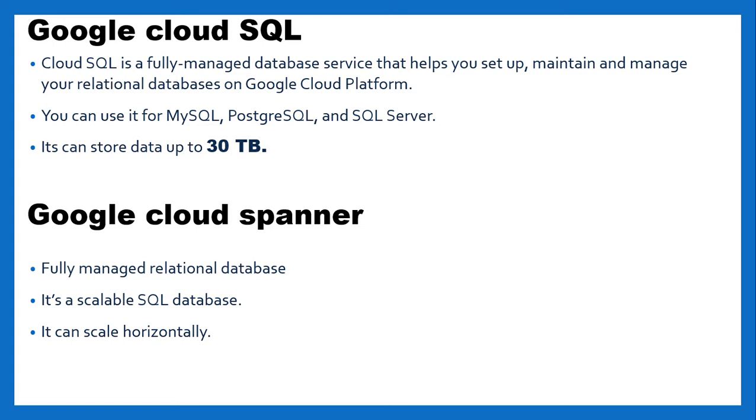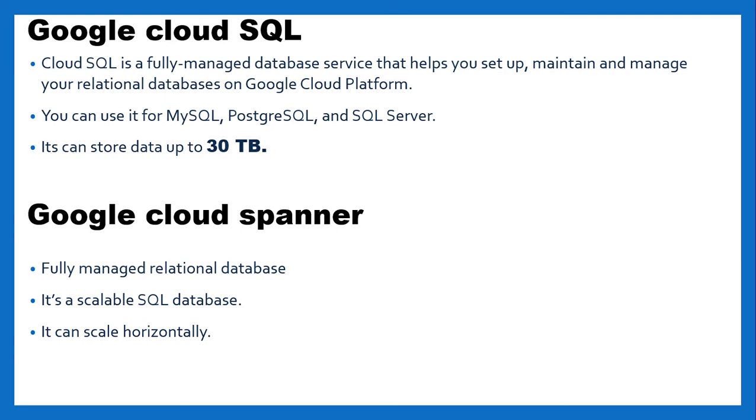Next is Google Cloud Spanner. Google Cloud Spanner is similar, a relational database, but as you see, in Google Cloud SQL we can store data up to 30 TB only. Spanner provides a feature called horizontal scaling, which means we can store any amount of data in Cloud Spanner. What is horizontal scalability and vertical scalability?